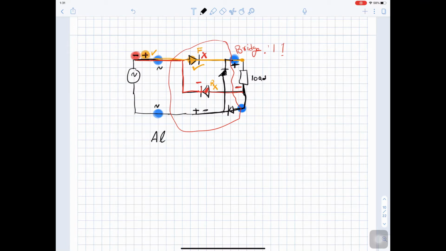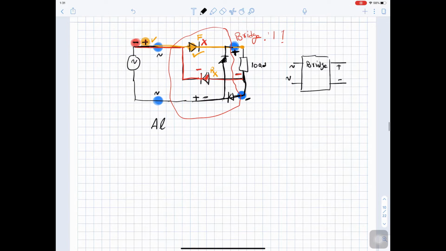And this terminal is positive and this terminal is negative. So if we sketch the bridge here, this is the bridge. So the bridge has 2 AC terminals and will give you 2 DC terminals. And inside the bridge here, we have 4 diodes.